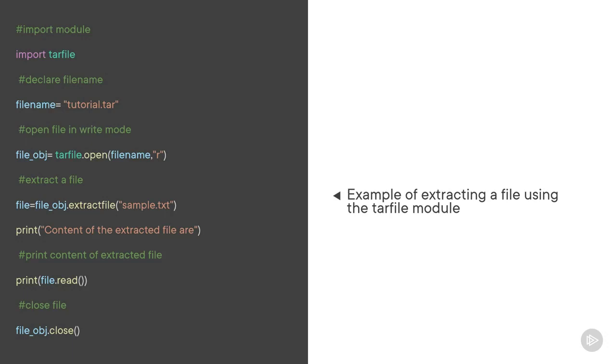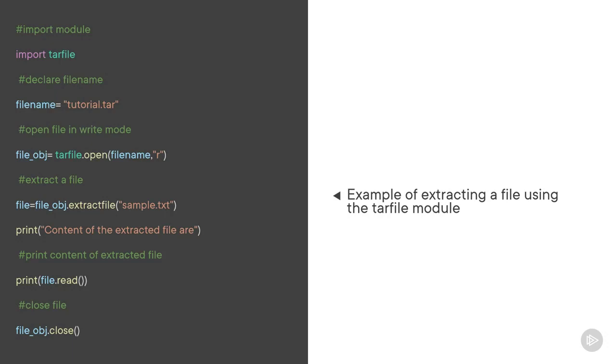We're going to open that tar file in read mode, so that's important to note. Once we have that open, we're going to extract a file out of it, and the file we're extracting is the sample.txt file. We'll run a print command, and then we'll run print file.read, and it will print the contents of that file on the screen for us.